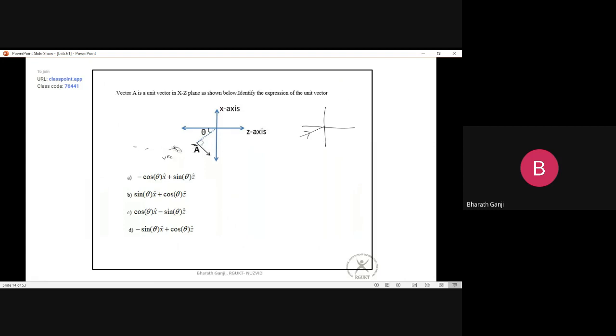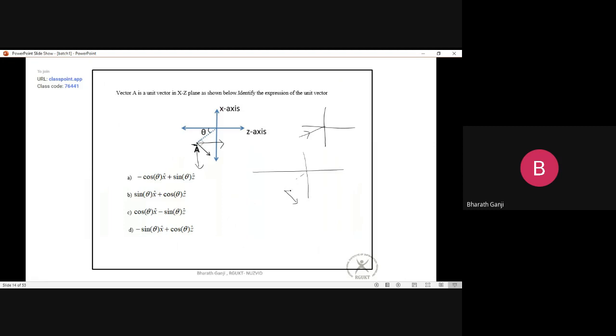There are two ways in which you can solve it. The first one is obviously the vector analysis. You can divide this vector into two perpendicular components like this. If I expand the diagram, the vector is at this point and in this direction.